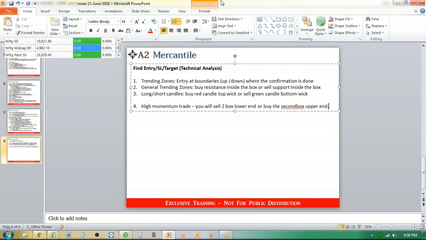So you have to be careful. It is a great practice to have your SL, stop loss. Try to enter a trade where the stop loss is favorable.